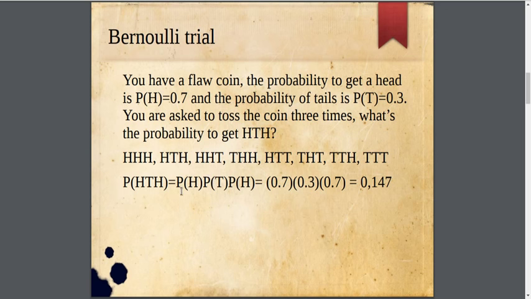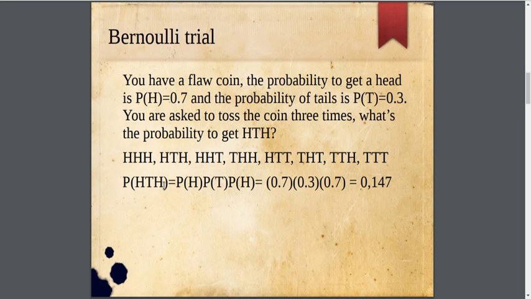Okay, in this case, I have listed all the possible scenarios here when you toss a coin 3 times. However, this is not necessary, because the only probability that we want to know is the probability of this specific case, which is listed here.